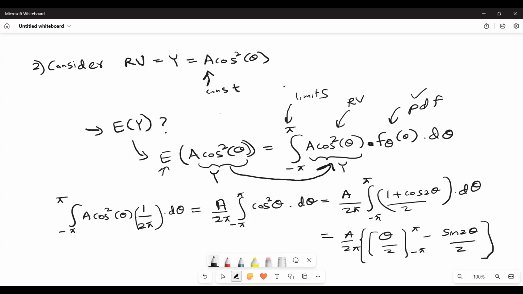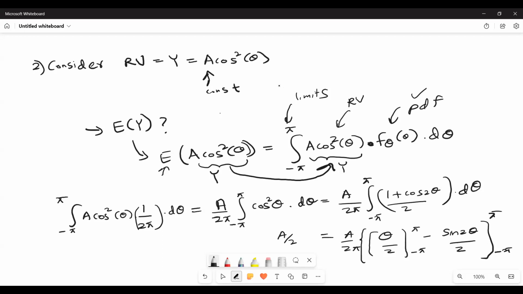So I will do the integration from minus pi to pi. You can check whether my integration is okay. By doing this calculation, finally, you will get a over 2 by subtracting the second part from the first part.